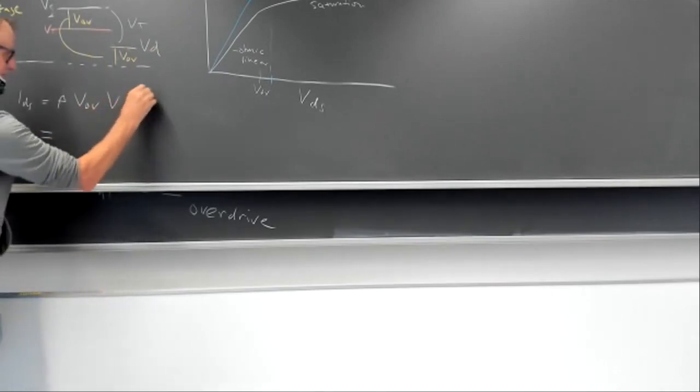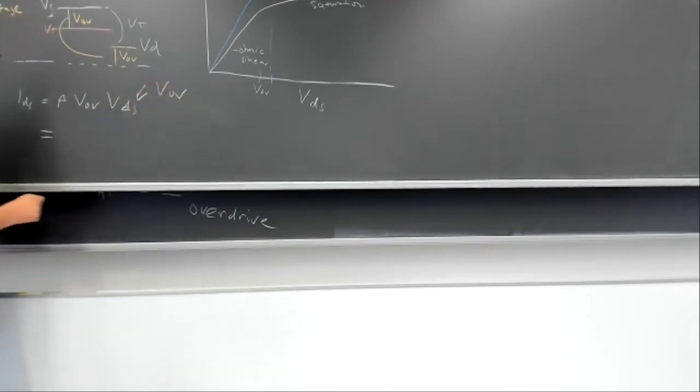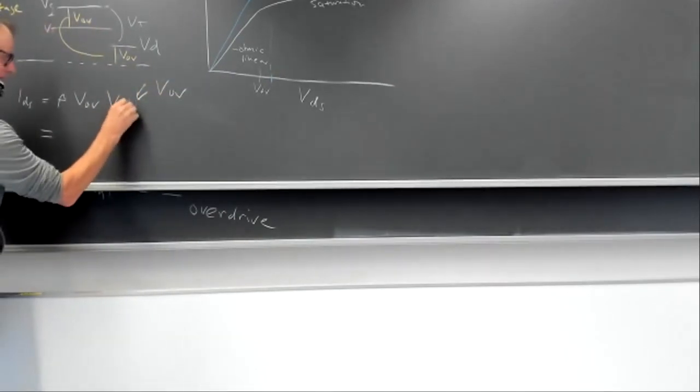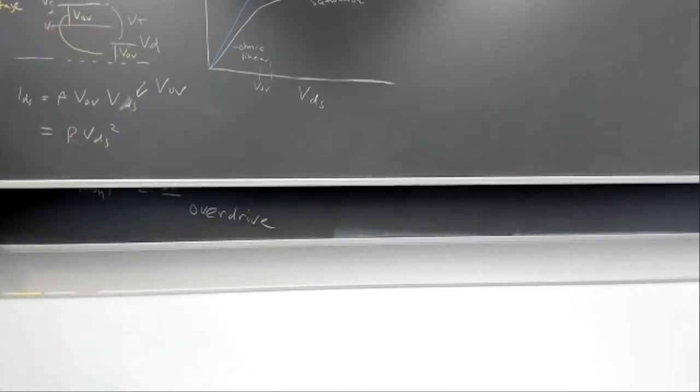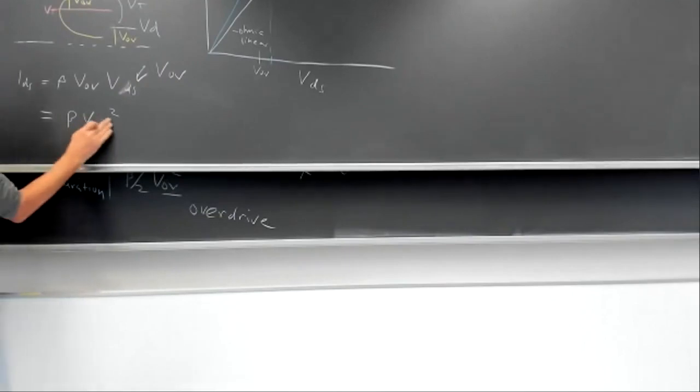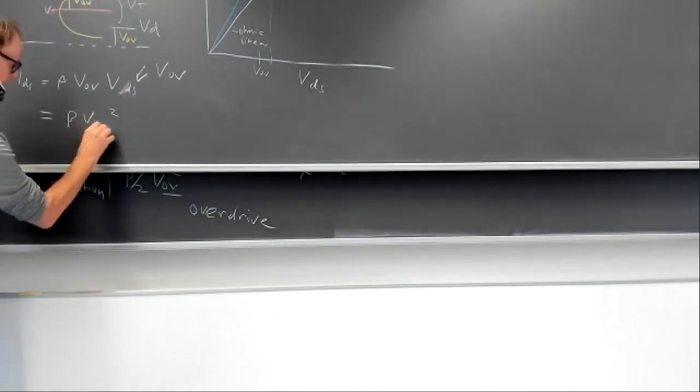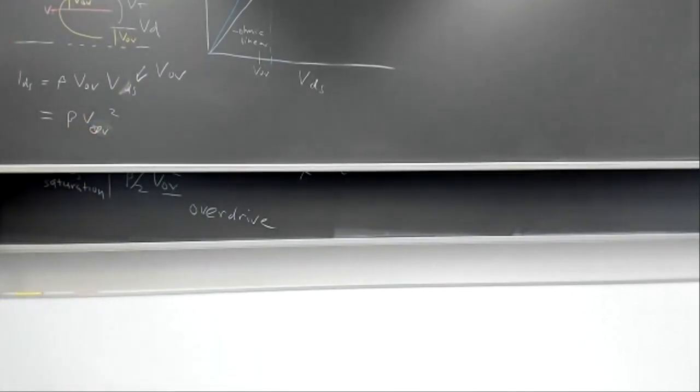If I substitute in here the overdrive, what do you get? Because that's where it saturates. You get beta times the overdrive squared, right? Is it clear? That's where the square behavior comes from.